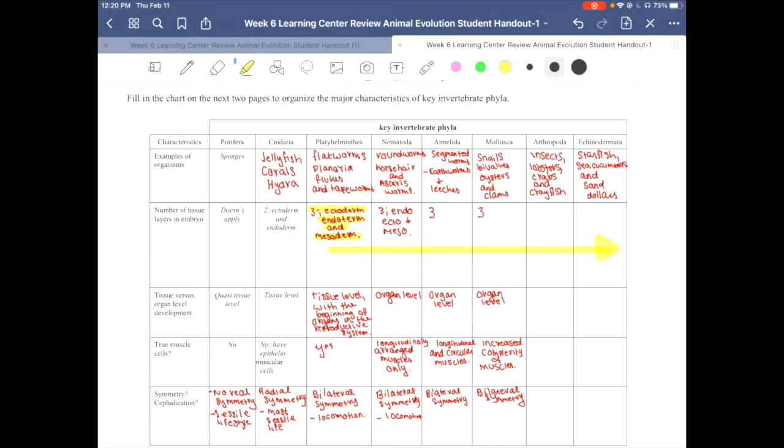And then for organ level, this is the first time we're going to see organ level, in the Nematoda, and all the ones after that are going to have organ level structure. Then let's see, bilateral symmetry happens here along with locomotion in the Platyhelminthes, and that's going to continue down.